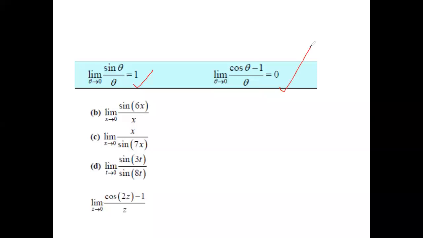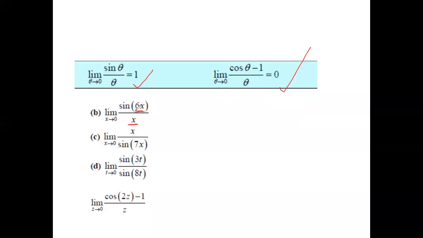So for example, if I give you a question like this, to find the limit of sine 6x over x, the trick here is you always want to re-express what is in the bracket and the denominator to be the same.